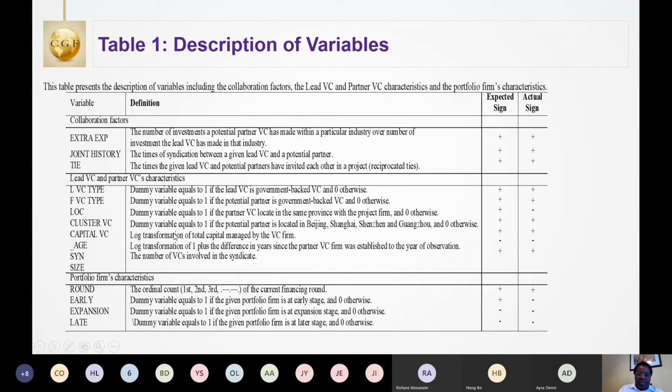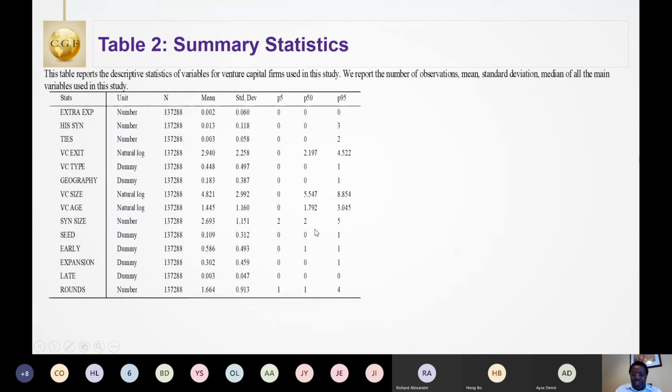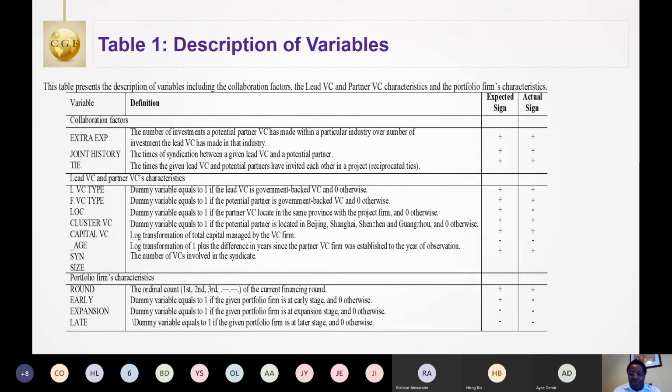Cluster VC, a dummy variable equal to 1 if the potential partner is located in Beijing, Shanghai, Shenzhen, and others. And also here we are able to capture other variables like age, syndication, and size, and also the characteristics of the portfolio firm in which the lead VC and the partner VC invest. Okay, so we are interested in round of financing, and the stages of financing: early stage, expansion stage, and late stage.